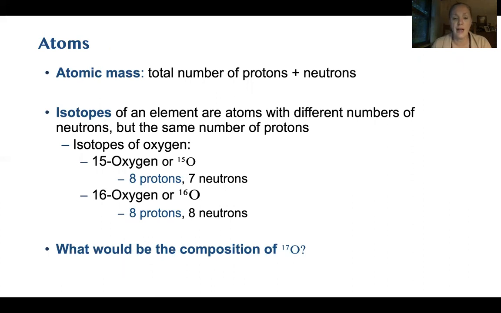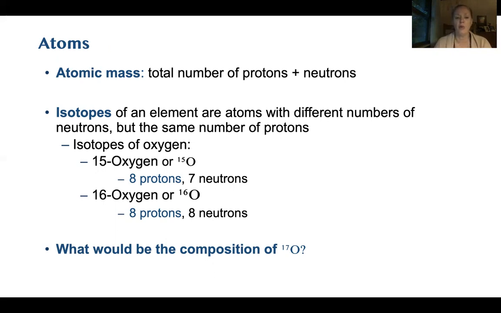So isotopes of oxygen. We already looked at oxygen 16, which had 8 protons and 8 neutrons in the nucleus. If we look at oxygen 15, we know that it has 8 protons because its atomic number is 8. So 8 atomic number equals 8 protons. The remaining mass for oxygen 15 would be taken up by the 7 neutrons, or 15 minus 8 equals 7 neutrons. Oxygen 16 we just went through has 8 protons and 8 neutrons.